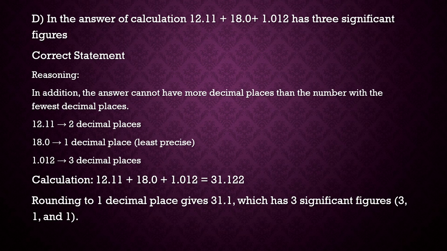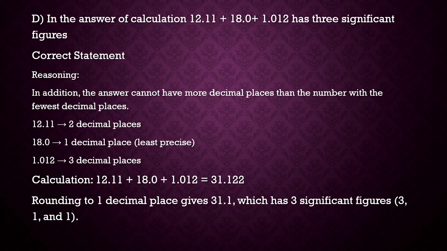We discussed this concept in the previous statement also. Here we have 12.11, 18.0 and 1.012. 12.11 has two decimal places, 18.0 has one decimal place and is the least precise, and 1.012 has three decimal places.